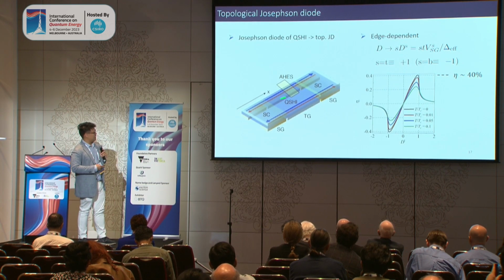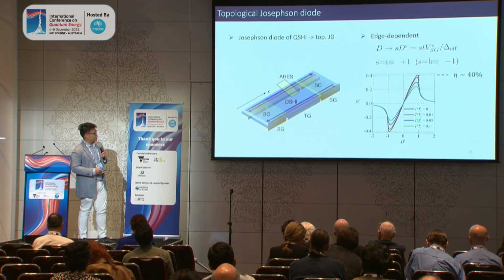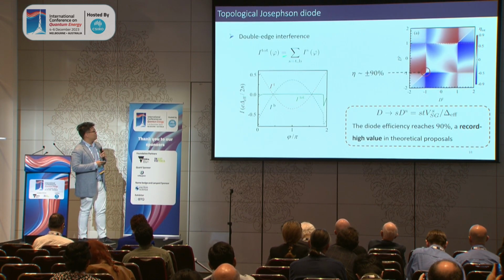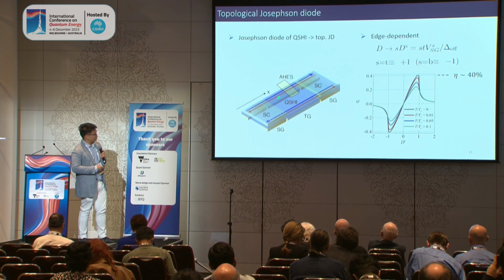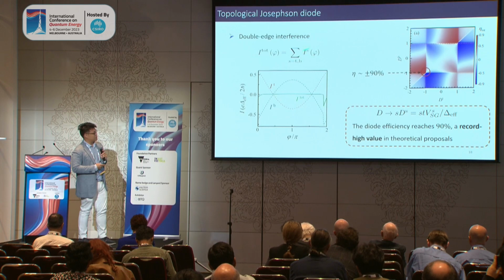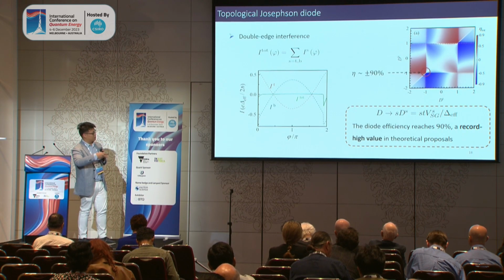So we can construct this system as a topological Josephson diode with a diode efficiency up to 14% in theory. But that is not high enough, we guess, because this system contains two edges, so it can become a double edge interferometer. By locally controlling these two gates in each edge, we can tune the diode efficiency up to 90%.